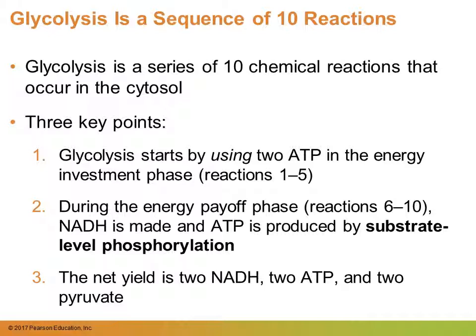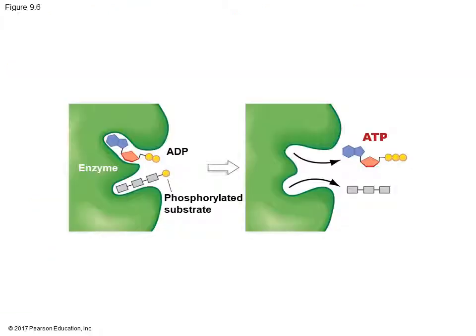So the net yield of glycolysis, which happens in the cytosol, is 2 NADHs, 2 ATPs, and 2 pyruvates. And in this step, you can see that ADP is phosphorylated. In other words, another phosphate is added to it, and the phosphates here are the yellow spheres. So notice ADP plus P is ATP.